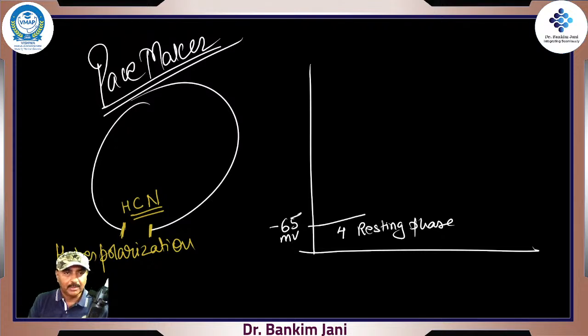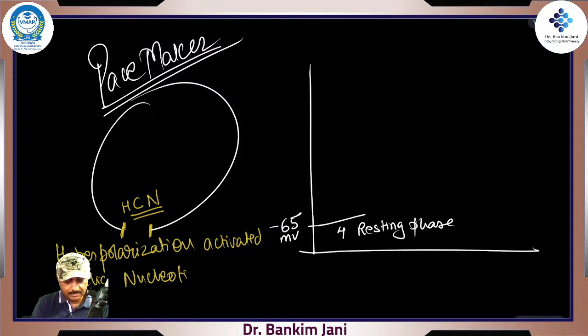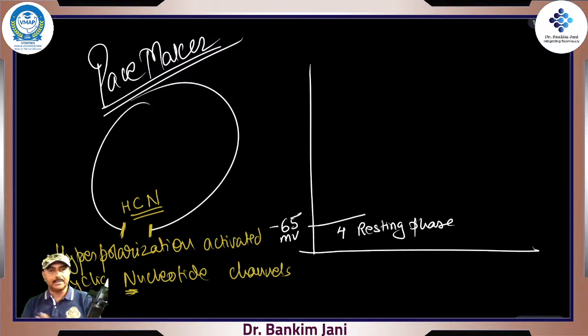So this is hyperpolarization activated, and these are cyclic nucleotide channels. So H, C, N: hyperpolarization activated cyclic nucleotide activated channels.